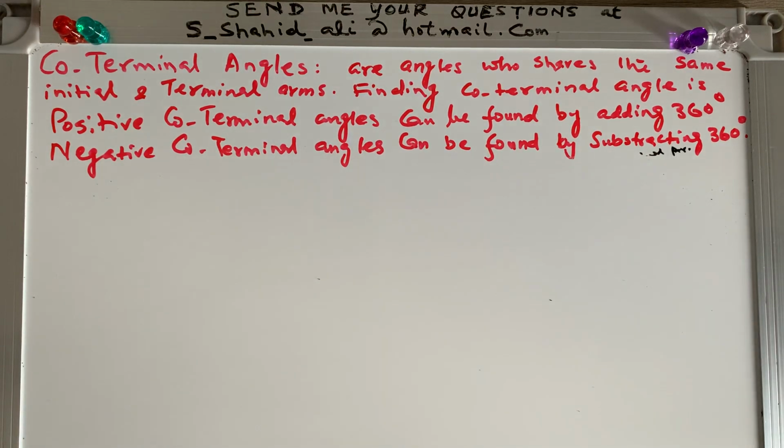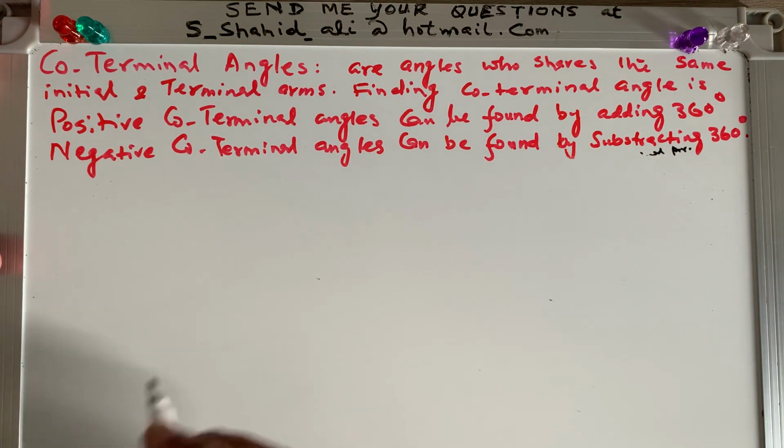The question is: determine the next two positive and next two negative coterminal angles for 37.